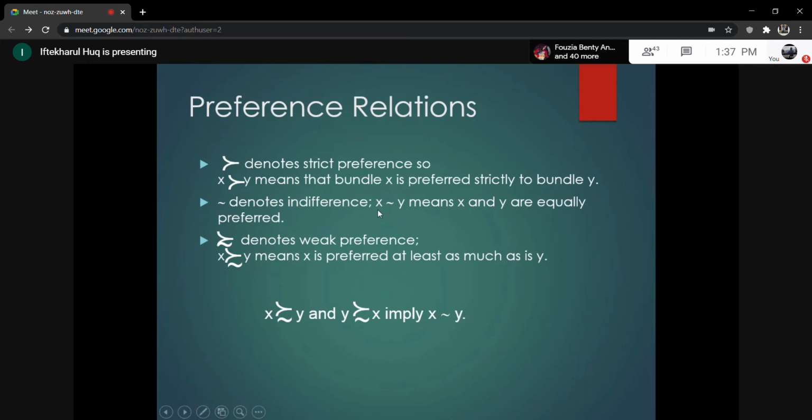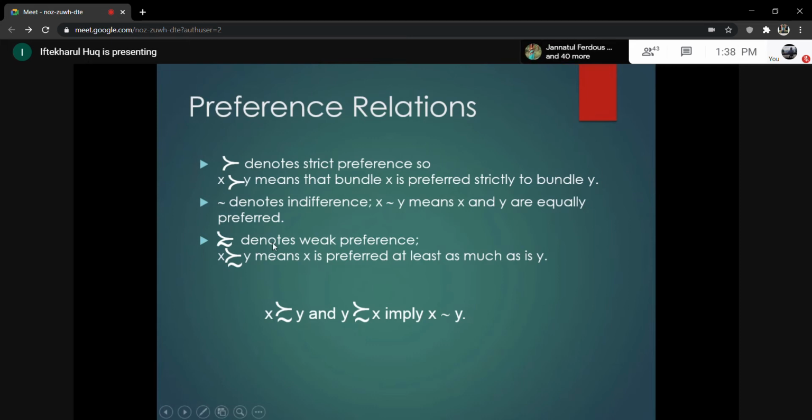Whenever I write X indifferent to Y, I can use this notation to represent indifference. This is like a proxy of equality. I'm not writing equal, I'm writing this curly sign, and that gives the impression that the two bundles are equally preferred.